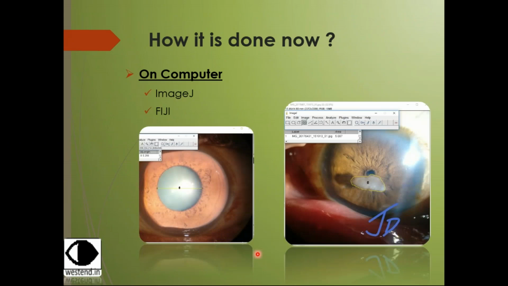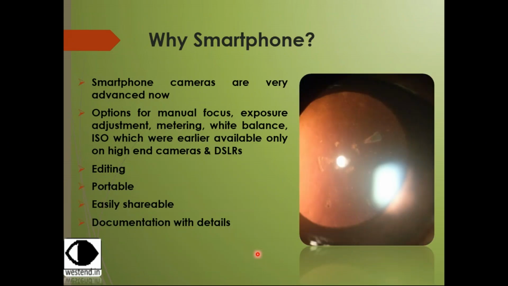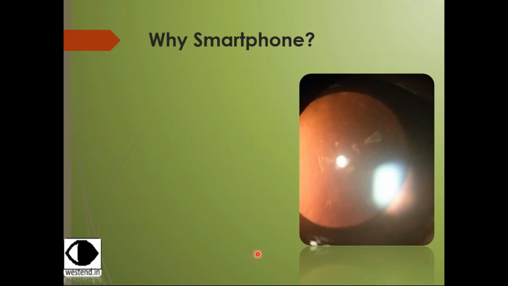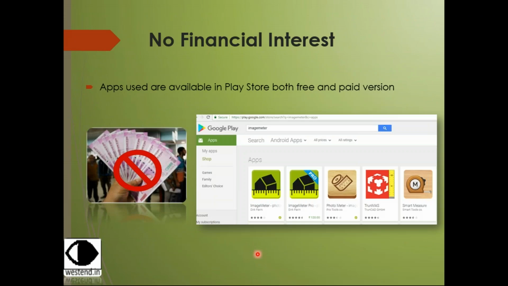If you do it on the computer, these are the softwares which are regularly used. The app is called ImageMeter. It's made for architects. So I just wanted to mention this particular method which can be used in addition to the smartphone imaging. You can measure also.